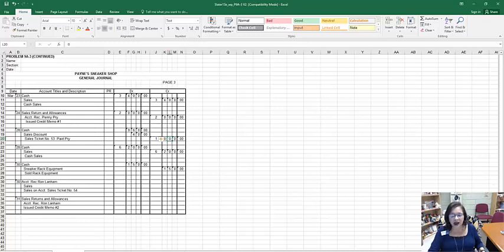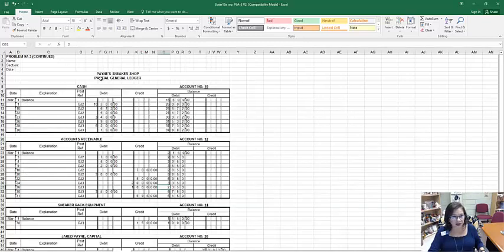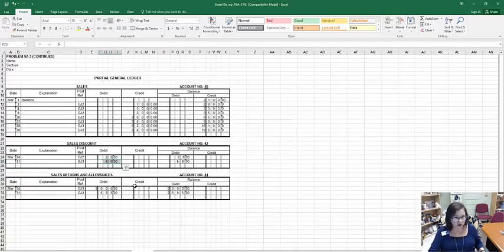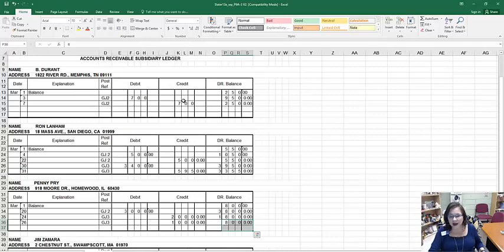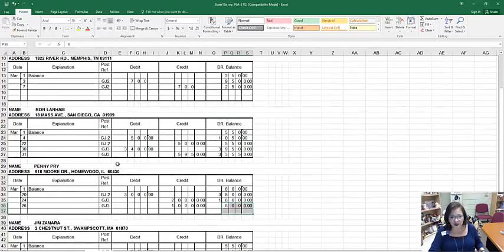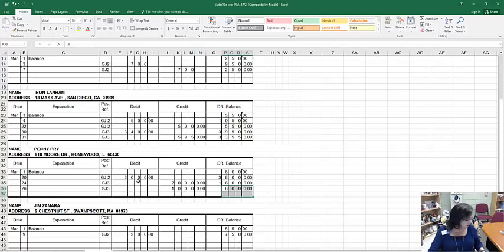All of these have to be in the ledger with a running balance. Okay? Into ledger 2 also with a running balance. Into your literal accounts, each one with a running balance for each one, whichever one we did.